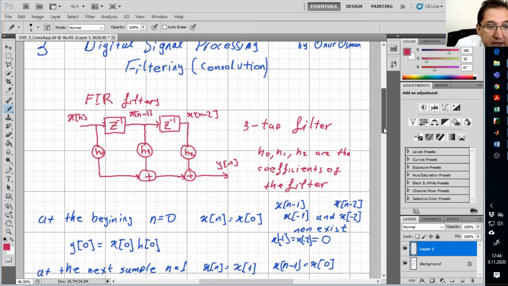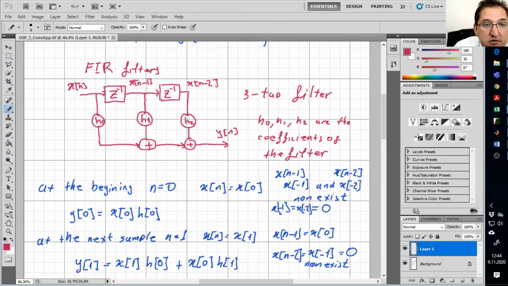When n equals 0 we have xn, which is x0 here, but xn minus 1 is x minus 1 and xn minus 2 is x minus 2, and we don't have these. Therefore x minus 1 and x minus 2 are 0 at the beginning, so the output is only y0, the multiplication of x0 and h0.